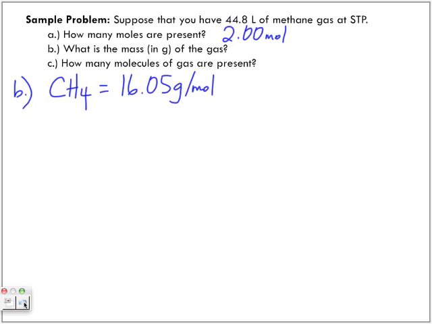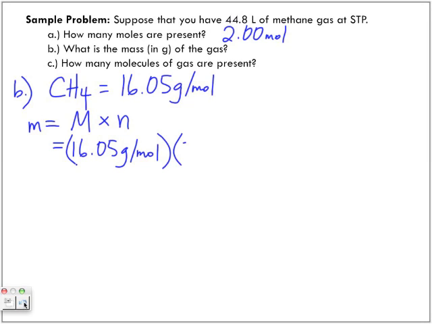We've got the molar mass, and the number of moles that we found in part A. So mass is equal to molar mass times the number of moles: 16.05 grams per mole multiplied by 2.00 moles.